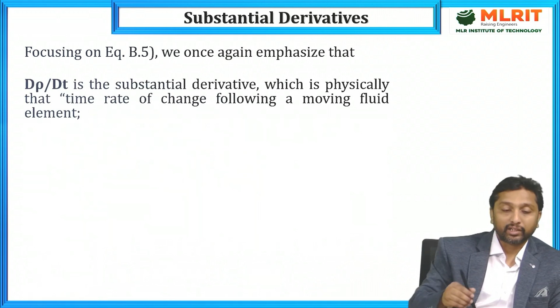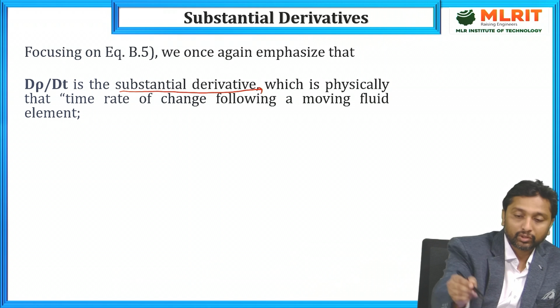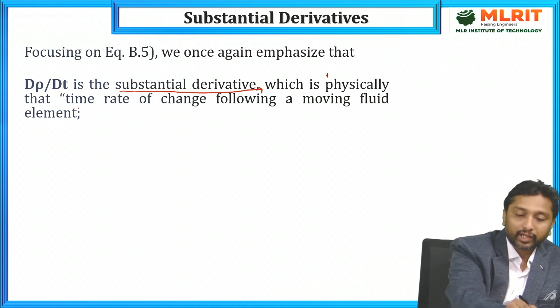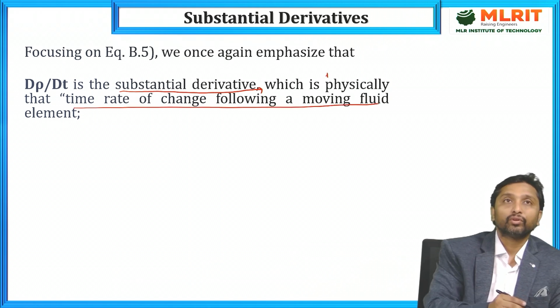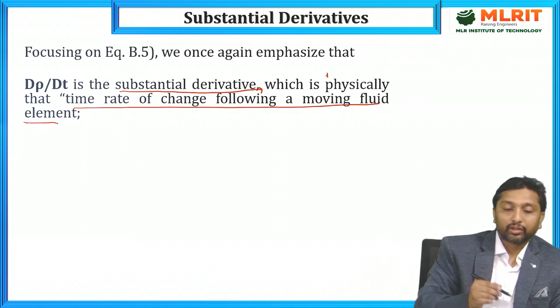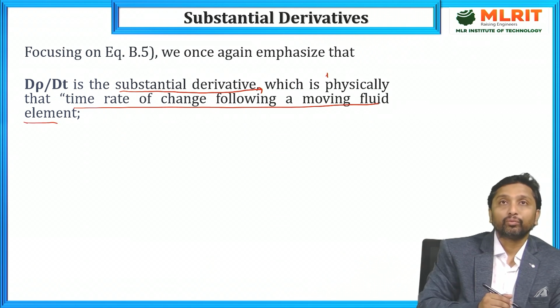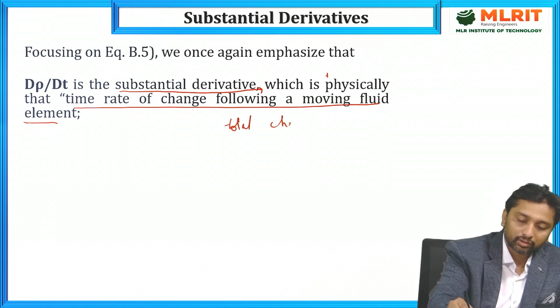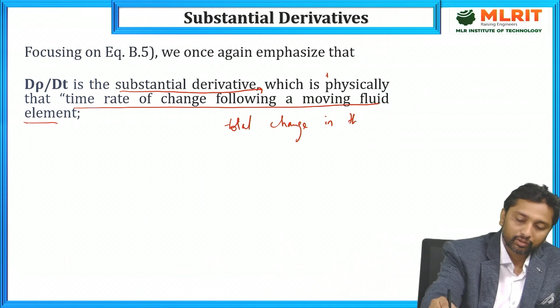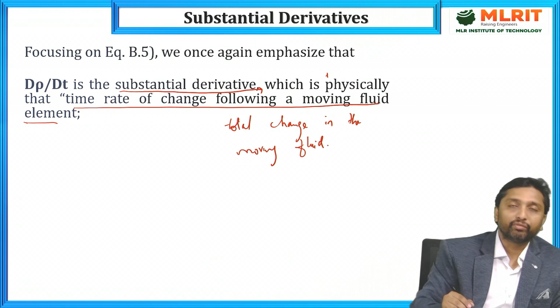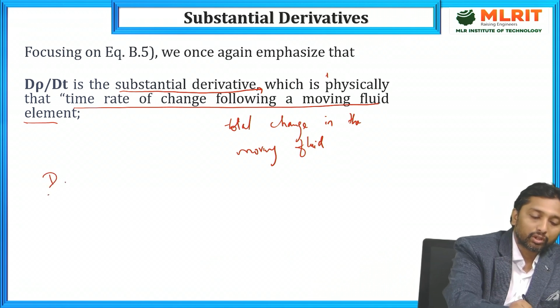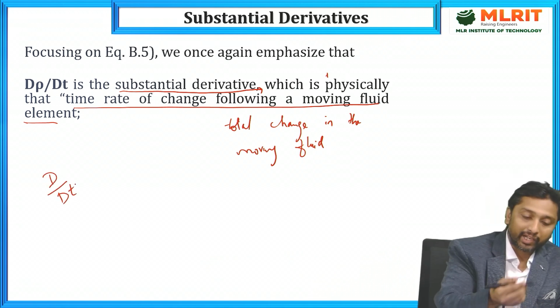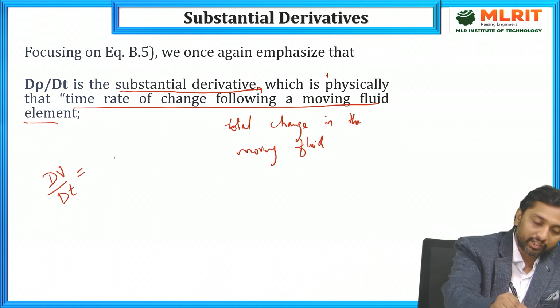D rho by dt, as I said, is called the substantial derivative, which is physically the time rate of change of a moving fluid element. So it gives the total change in the moving fluid. If we differentiate any variable with respect to d by dt, it is nothing but the total acceleration.